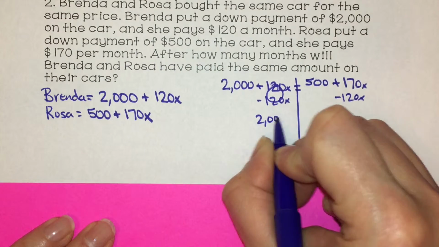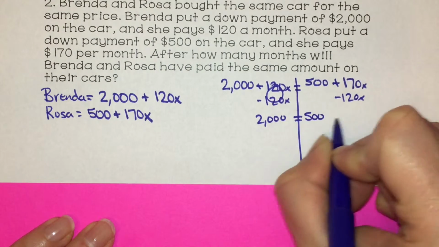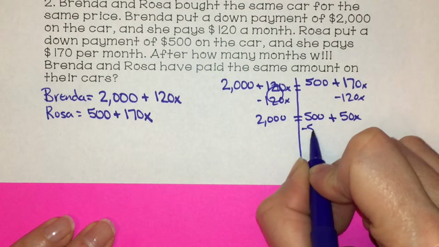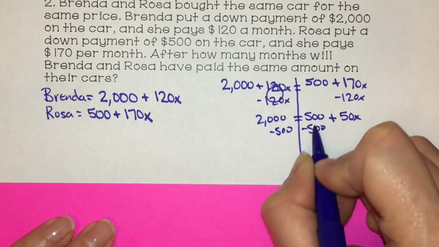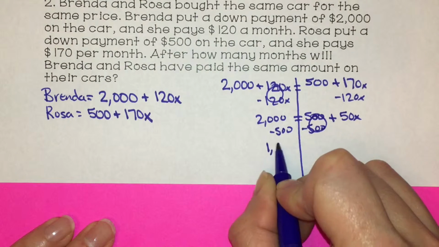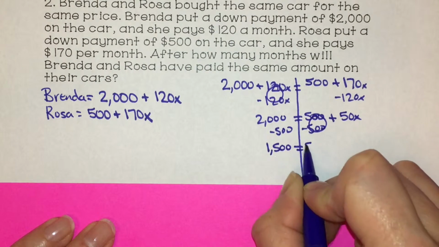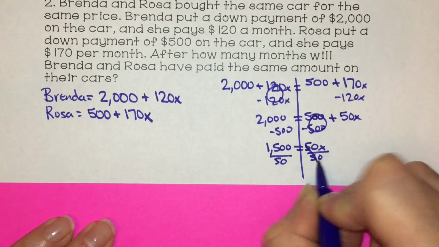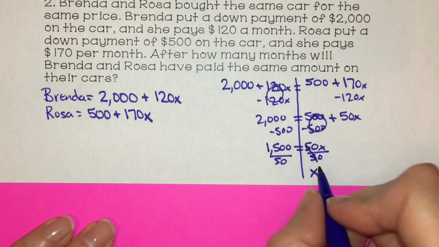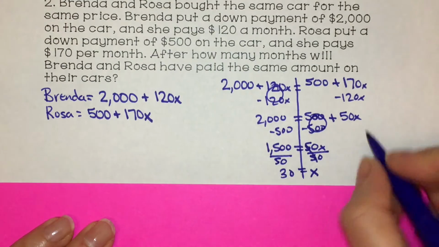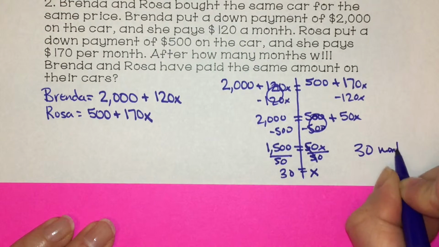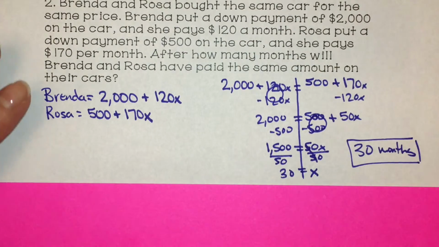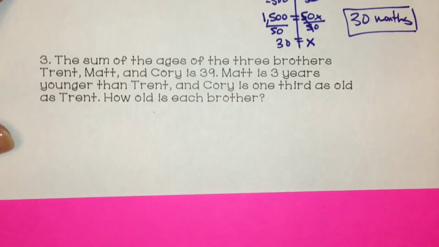You get 2,000 equals 500 plus 50x. Subtract 500 on both sides, and we get 1,500 equals 50x. Divide both sides by 50, and x is equal to 30. So after 30 months, they will have paid the same amount on their cars, because it's payments.